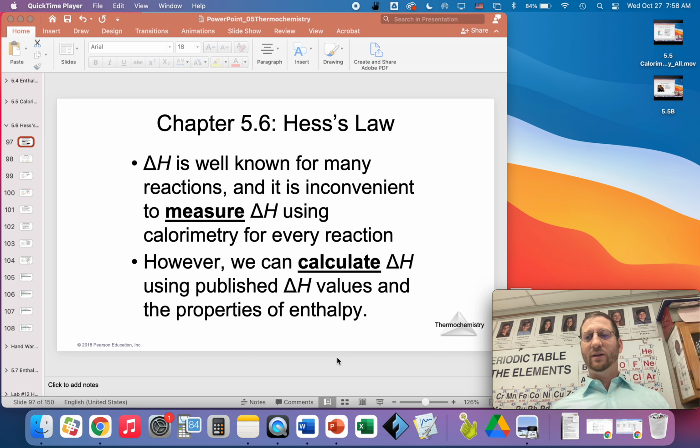So last section, calorimetry, was all about measuring delta H values for reactions, whereas now we're going to use those values from tables and textbooks, and calculate delta H values for new reactions.